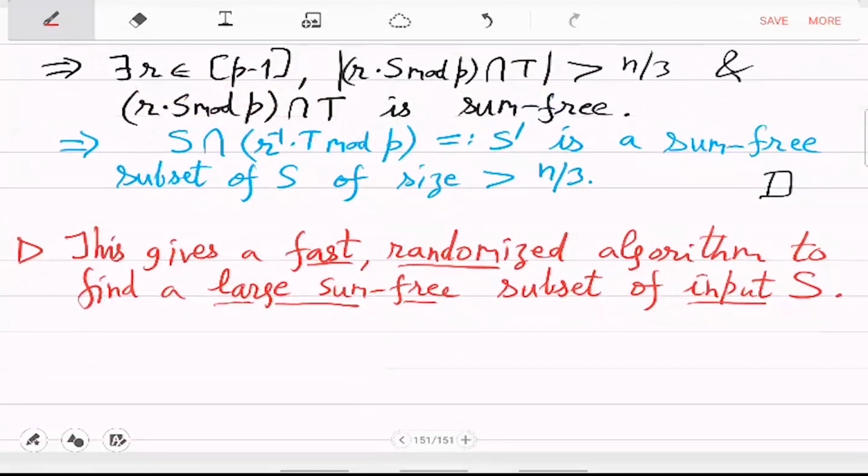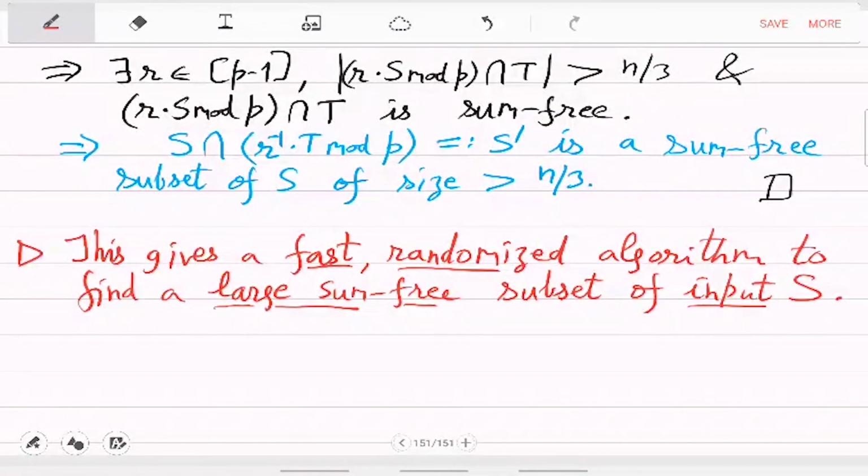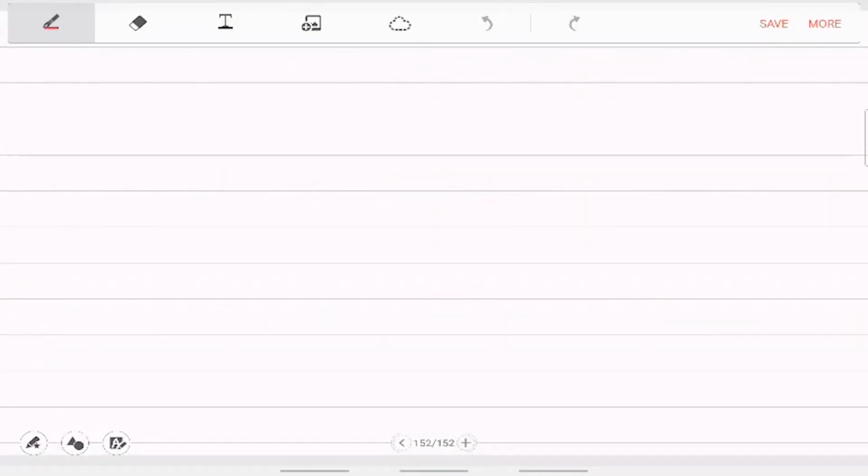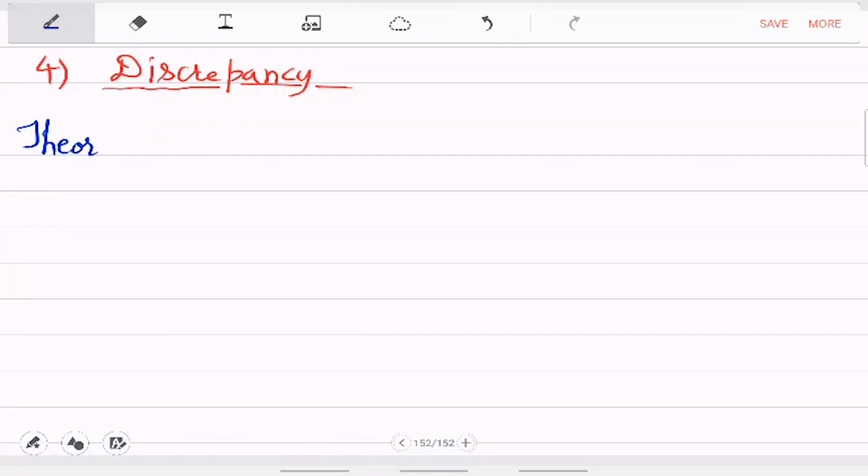Let me anyway start the fourth application, which is discrepancy. So what we will show here is the following theorem next time.